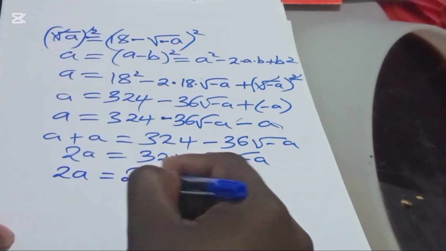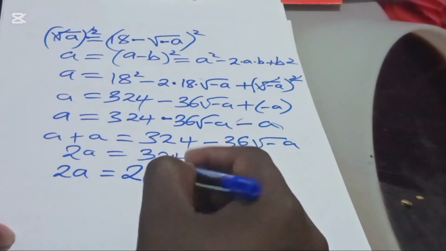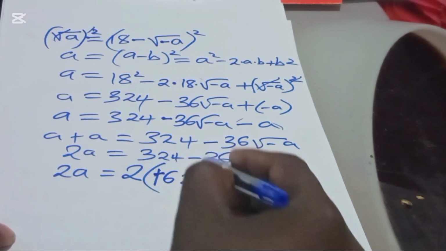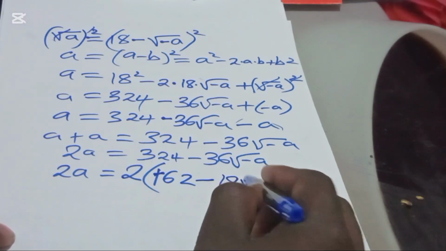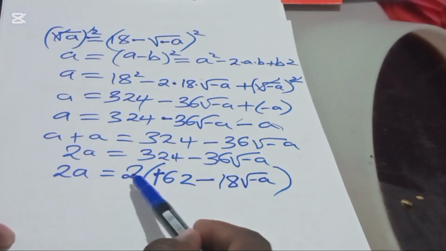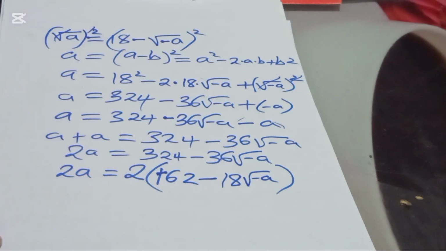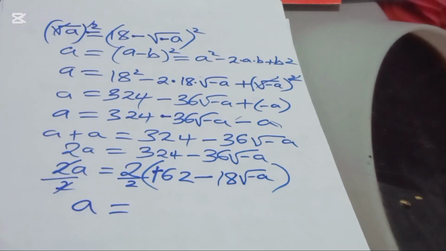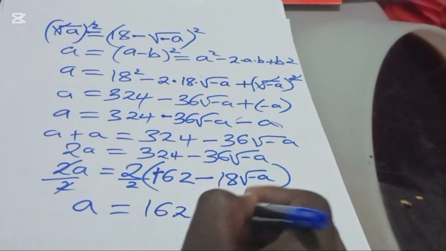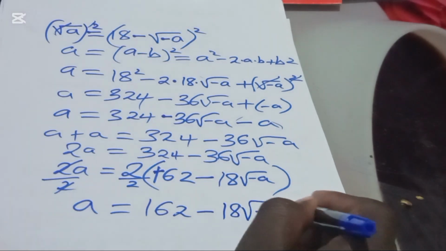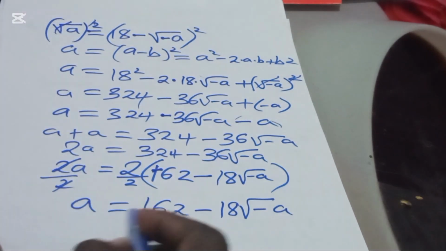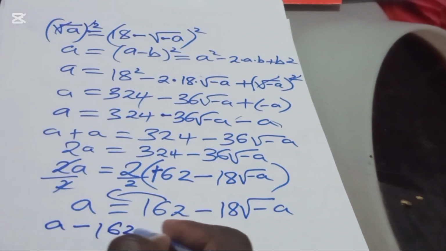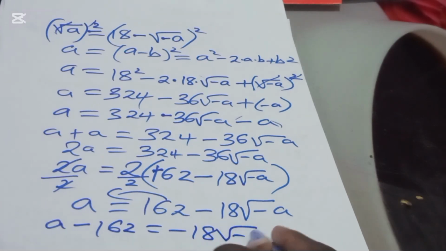We divide both sides by 2, so that a is equal to 162 subtract 18 square root of negative a. Now we take the 162 to the left hand side, so that a subtract 162 is equal to negative 18 square root of negative a.